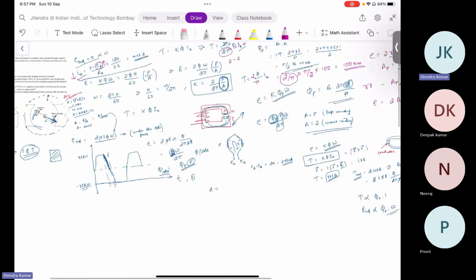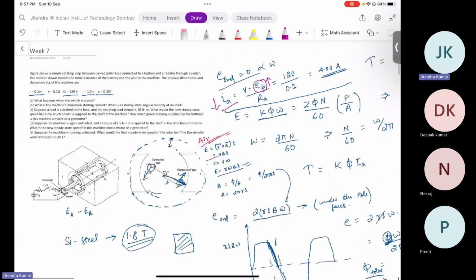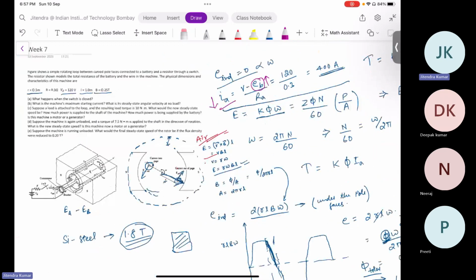Okay, sir. So that was the first part, and I will write the value of torque as 100 Newton meter. If you guys are getting something different, there might be an error in the calculation or derivation. But essentially, this derivation was to conclude that EMF is directly proportional to flux and the speed.